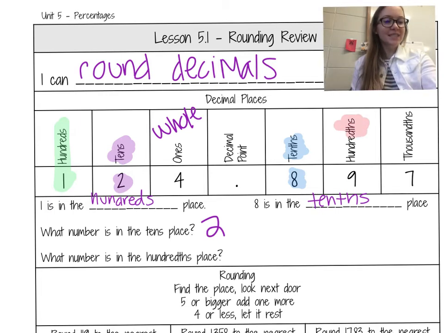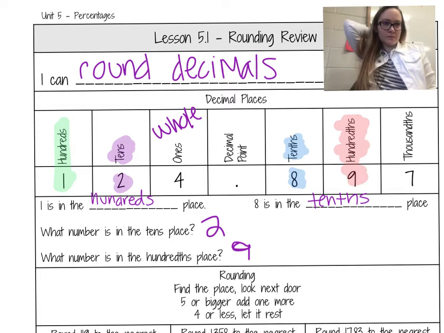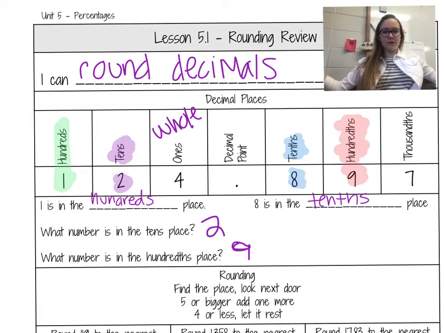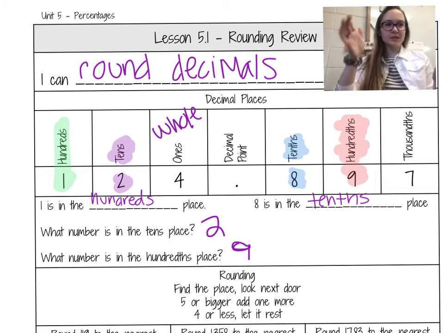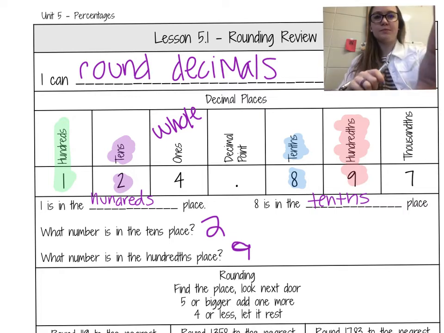So here's my hundredths, and 9 is there. Okay. All right, so that's like half the battle of rounding, figuring out which place am I supposed to round to, okay? So you can refer back to this chart if you ever get stuck, you're not sure what number after the decimal or before the decimal that should be.